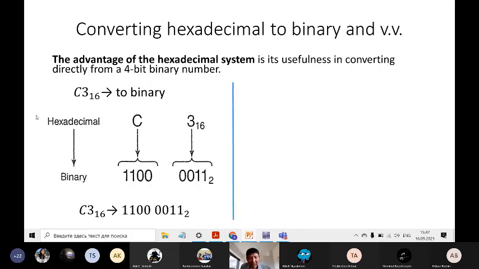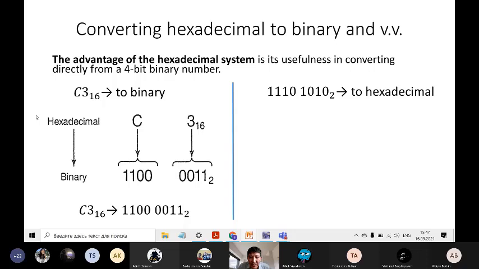The opposite conversion is also very easy. For example, you have this binary number 1110 1010, and you need to convert it to hexadecimal. How can you do it?